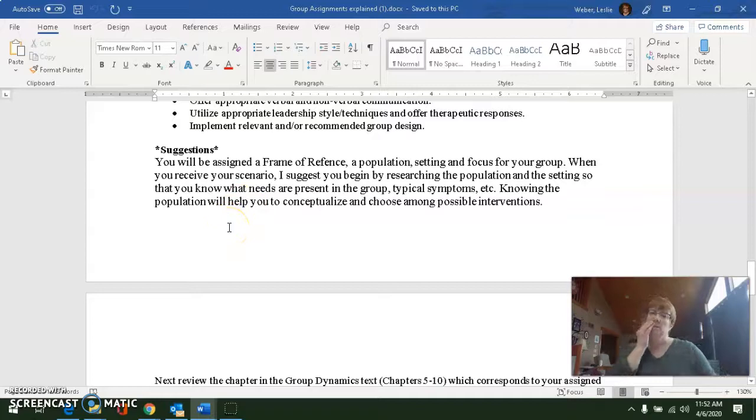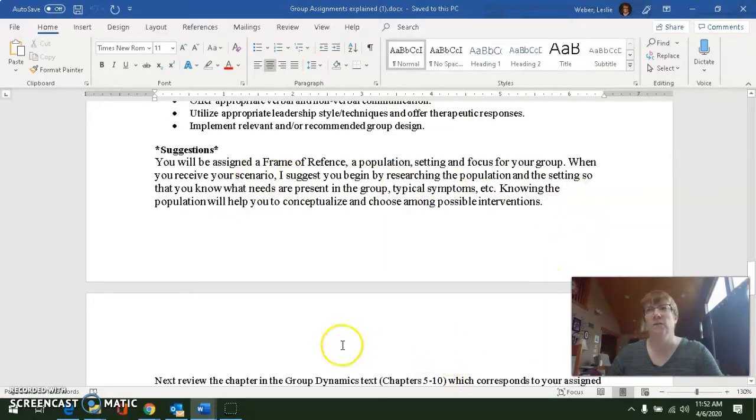So when you're leading your initial and your final group, like I just said and showed you on the document, you have been given a frame of reference and a population. What I would suggest is that when you look up your scenario, you start by researching the population.